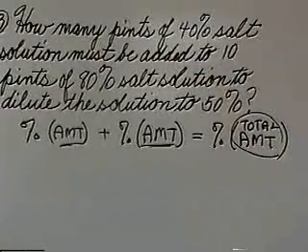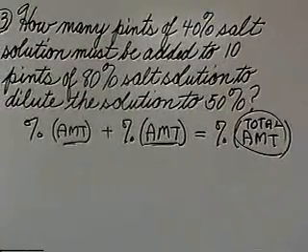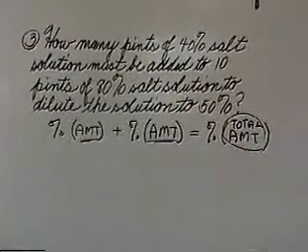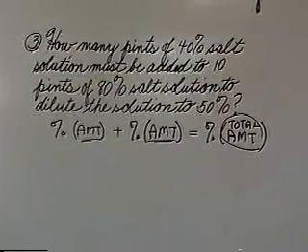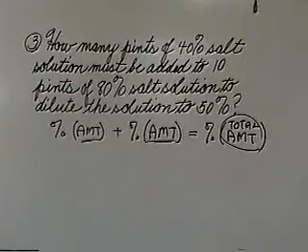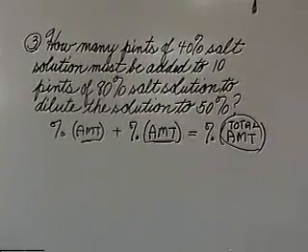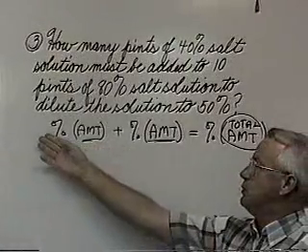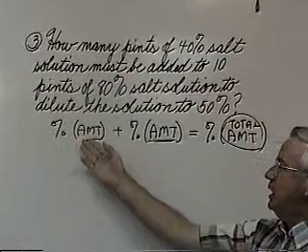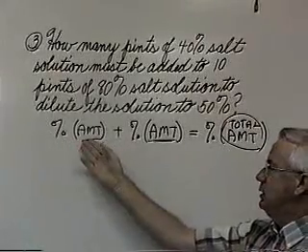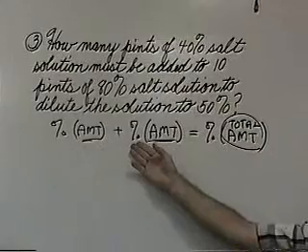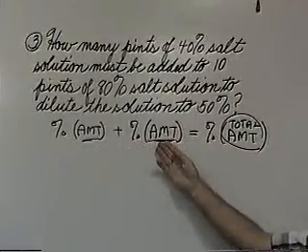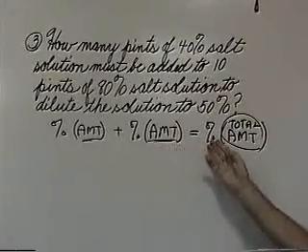For instance, let's think of an example like this. Your radiator in your car has some antifreeze in it, and you want to know how much more you need to add to get an 80% solution. What you're saying is, I've got, let's say, 20% solution already in there for 40 quarts. And how much 100% solution, so you'd put 100 here, of pure antifreeze would get it up to 50%?